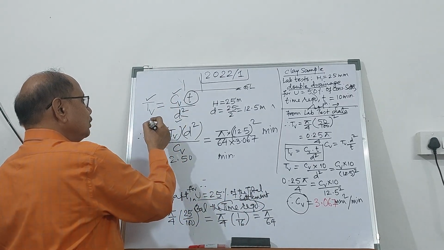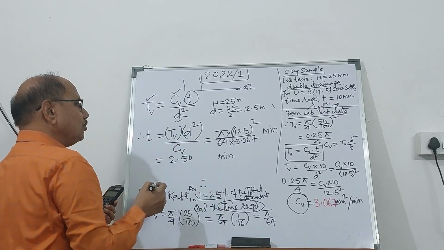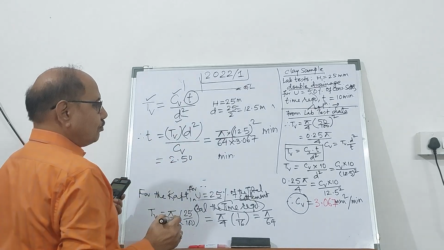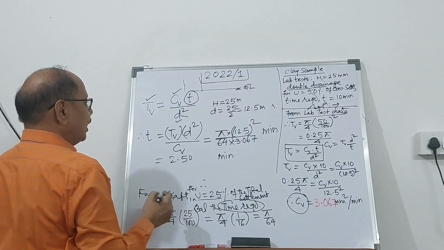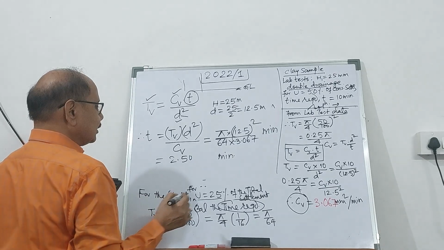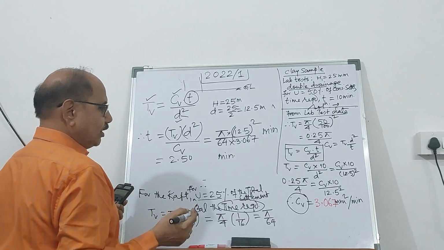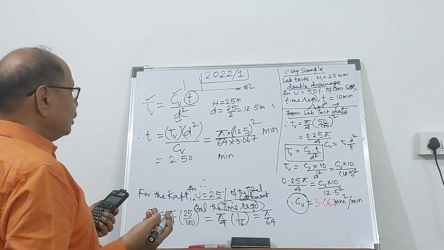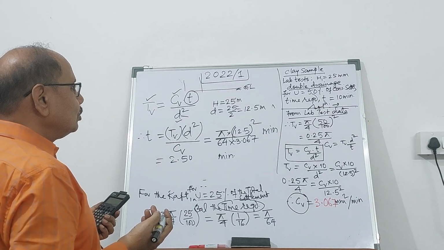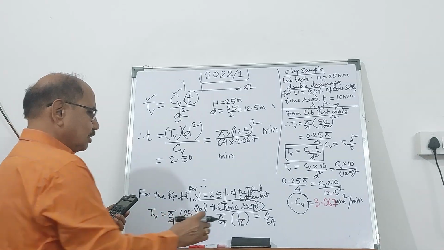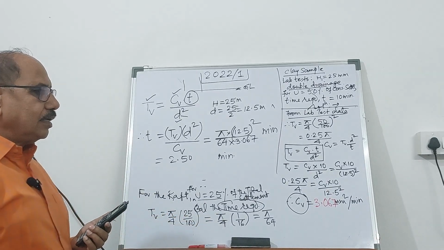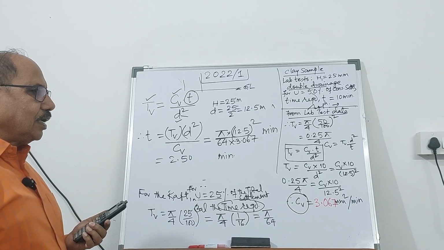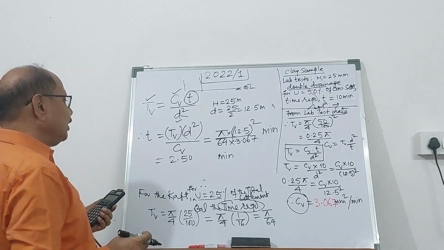So you can substitute for the site condition the value of CV from the lab test, and then you can find out the value of T by knowing the drainage, etc., and calculating in the respective units. So this is how you can do it. So the simple way we can calculate it without much of the problem, and the solution can be found out.